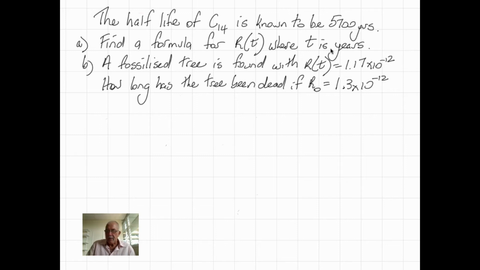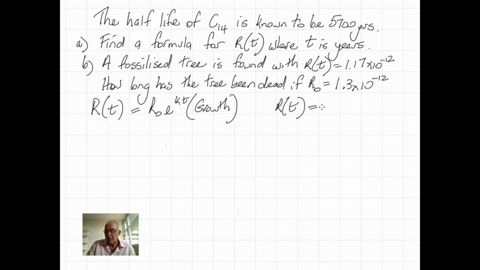From knowledge we've done, we know that our exponential growth, if it was growth, would be R(t) equals R0 e to the kt, so that is my growth model for exponentials, and the decay one is R(t) equals R0 e to the minus kt, and that is exponential decay.